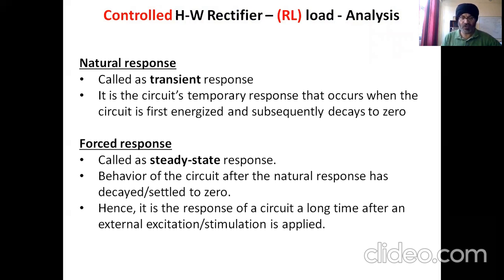The other one is the forced response, which is called the steady state response. After the transient behavior, the circuit reaches 0 and then stays at 0. So after the transient behavior, a steady state behavior is seen, and it settles to the specified value. In this case it is 0, for simplification.